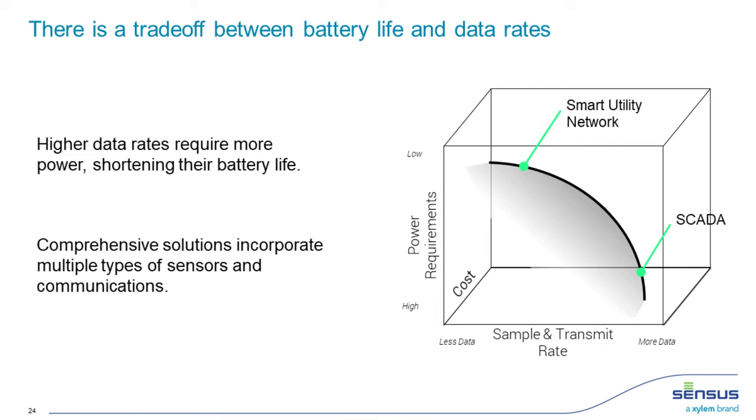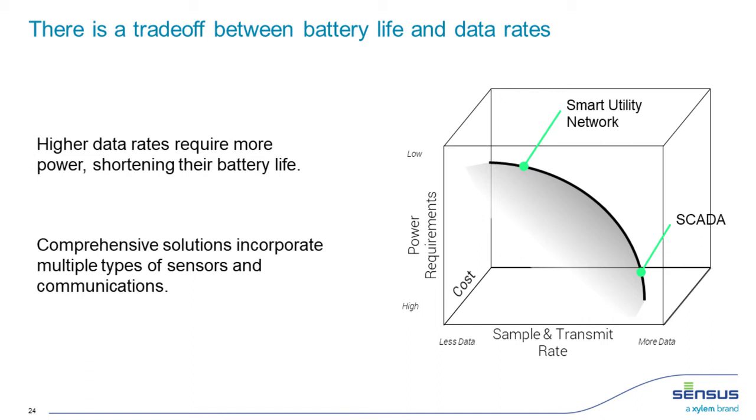So I spent the last few slides talking about how we can leverage AMI to collect more data to solve more problems. And I wanted to come back to why you might choose to utilize your AMI network to do some of these things. And the real reason for that is what I like to call level of service.